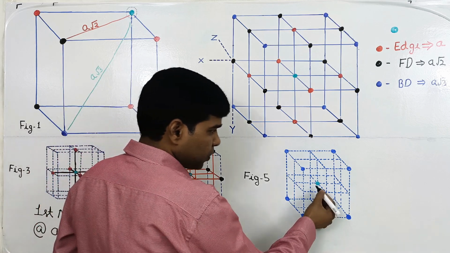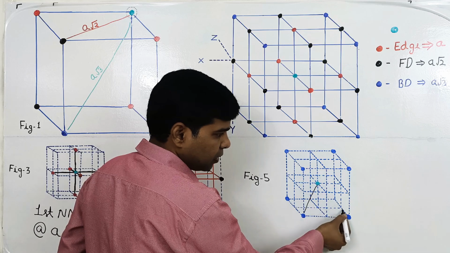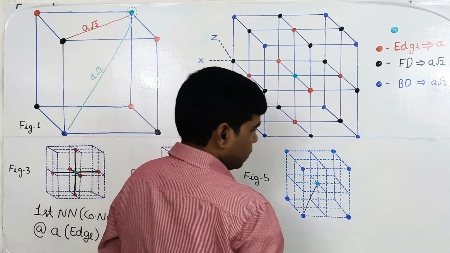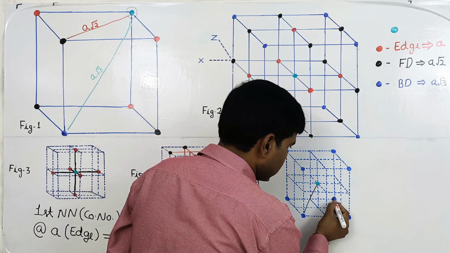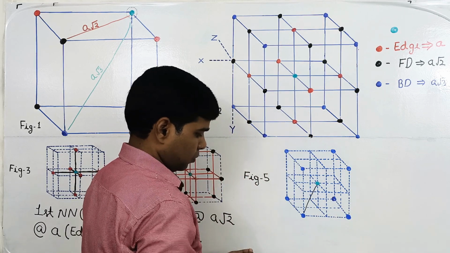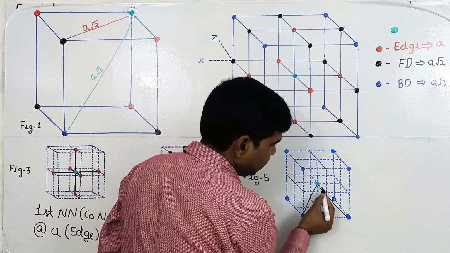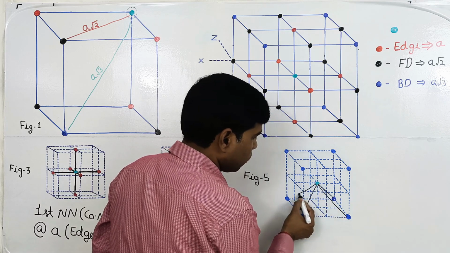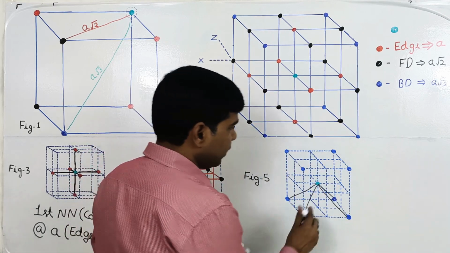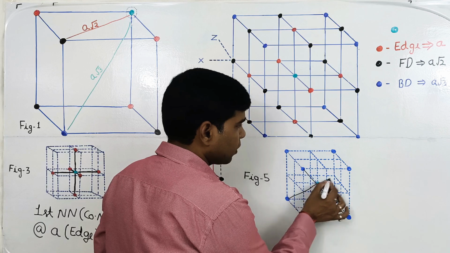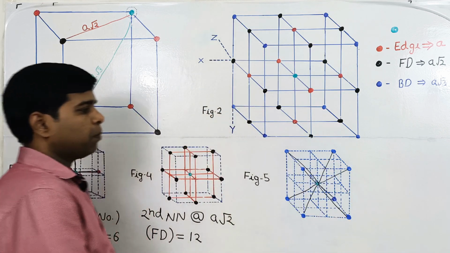So suppose this is the first body diagonal, this is the second, third, fourth particle, 4 particles downward, and 5, 6, 7, 8, 4 particles upward.